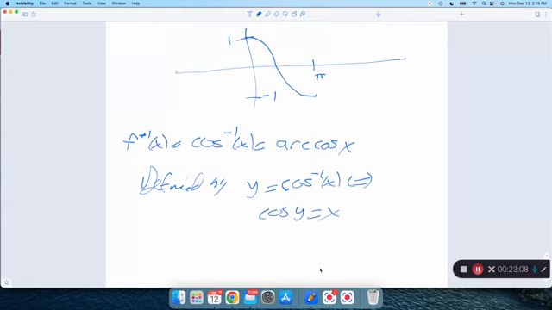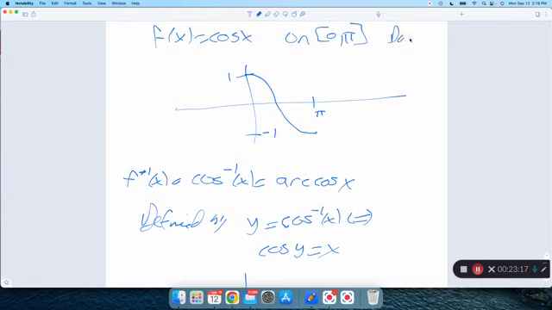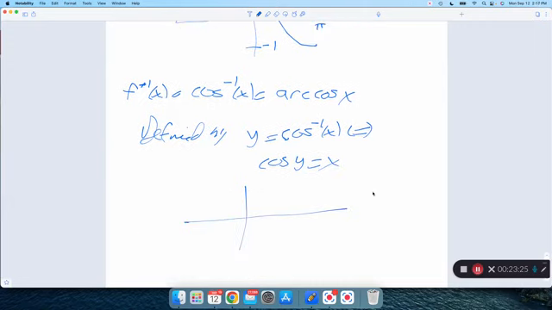And his graph, the inverse cosine, let's talk here, that guy, that's his domain of cosine. His range is negative 1 to 1. So the inverse is just going to swap those. His domain will be negative 1 to 1, and his range will be 0 to pi.